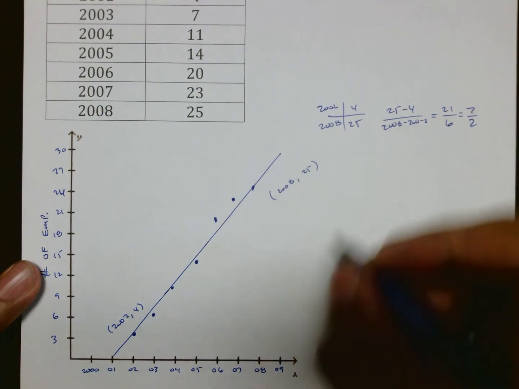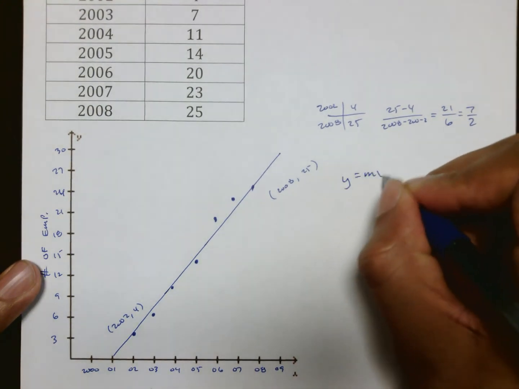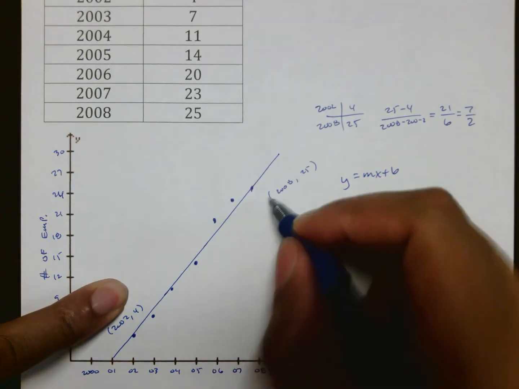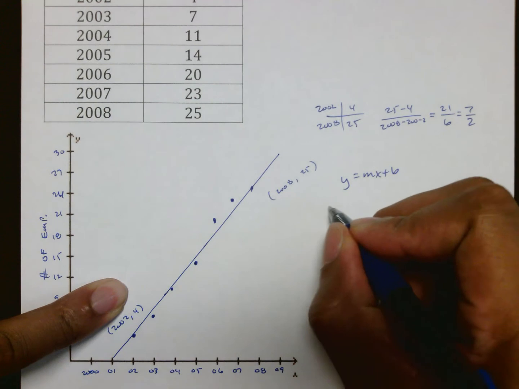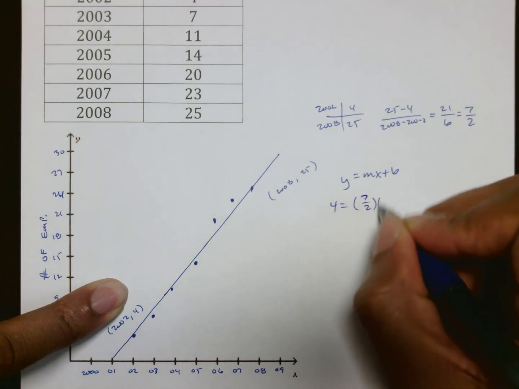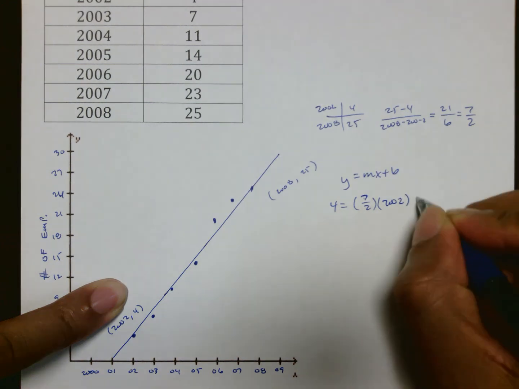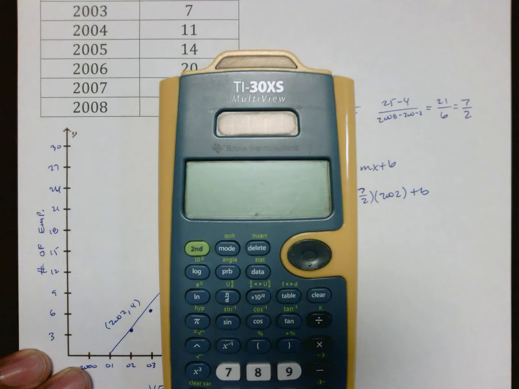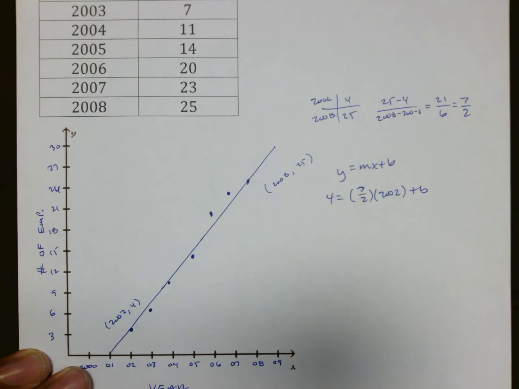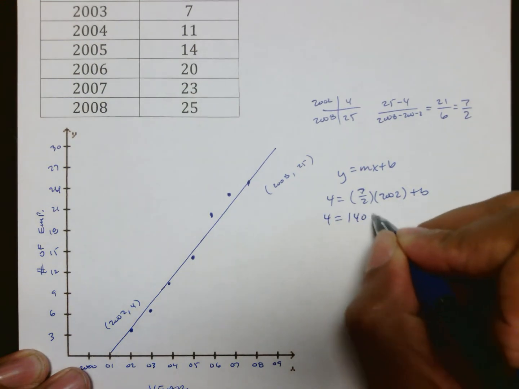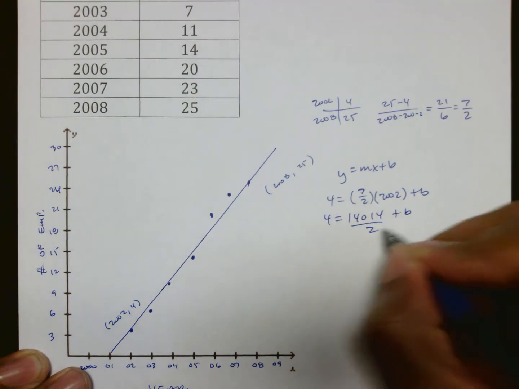From there we choose 1 point, so I'm going to use y equals mx plus b. I'm going to plug in one of my points, doesn't matter, but as long as you pick one of the ones that you chose for your line of best fit, your y here is 4 equals 7 over 2 times 2002 plus b. Nice thing about this is that you can go ahead and use your calculator. 2002 times 7 is 14,014. So 4 equals 14014 over 2 plus b.